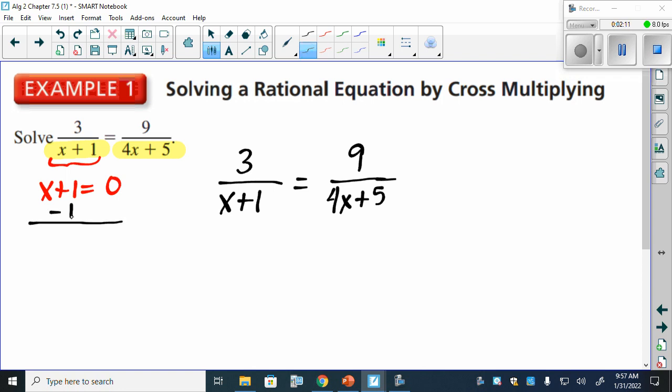We would subtract 1, telling us x is equal to -1. So one of our restrictions is that x cannot be -1. If we get -1 as a solution, it would not be correct because it would make one of the denominators 0.